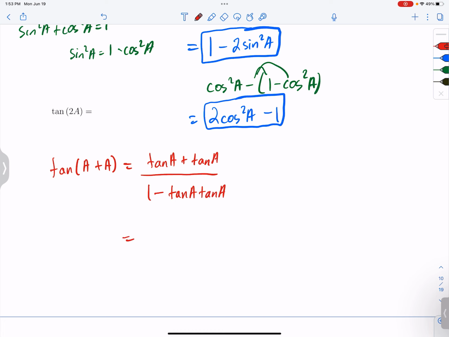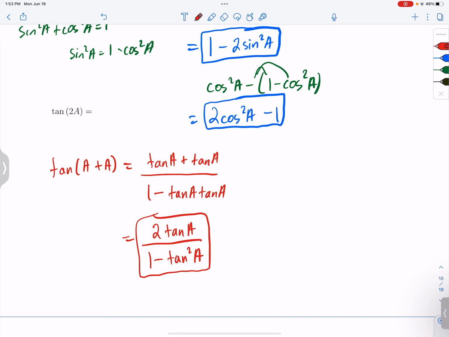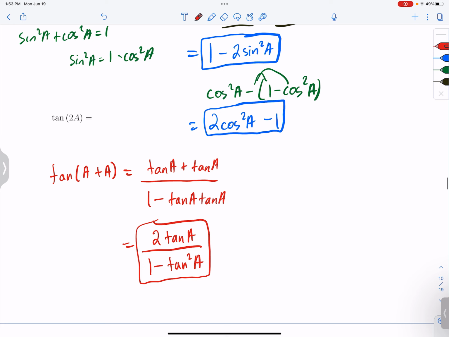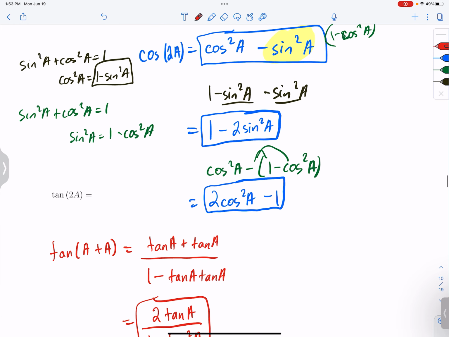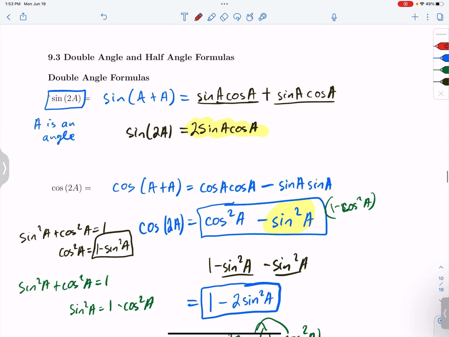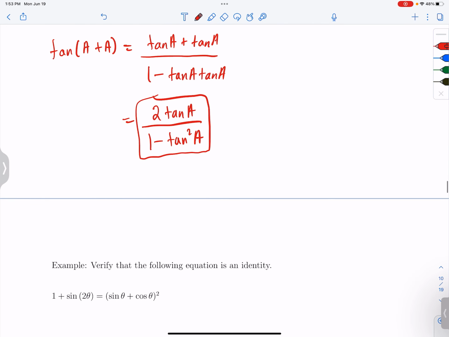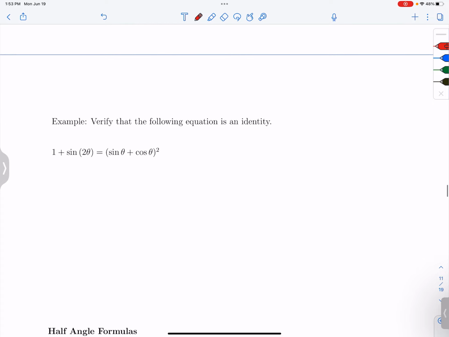And this is going to simplify into 2 tangent of a in the numerator divided by 1 minus tangent squared of a in the denominator. All right, so there are the double angle formulas for tangent, cosine, and then sine. So we'll use these in a few different examples in this video.